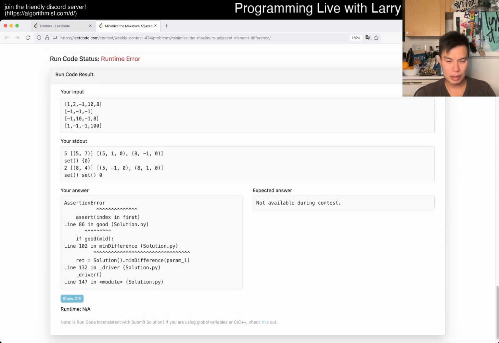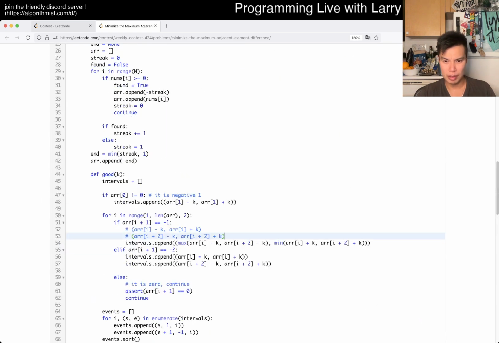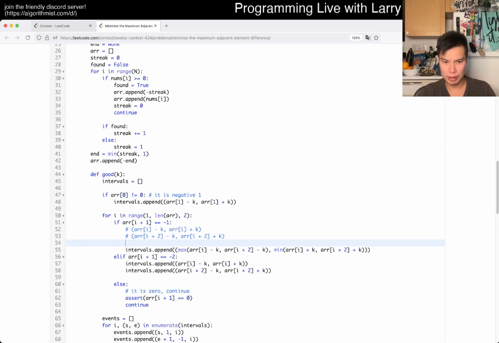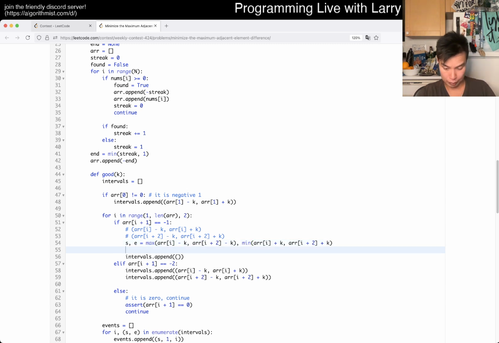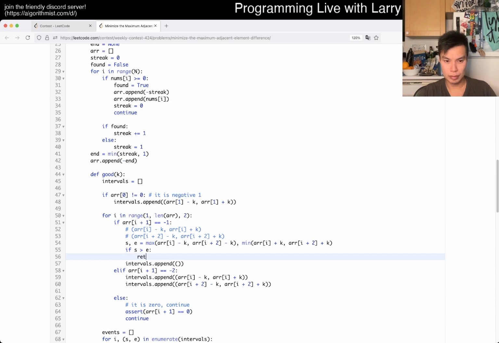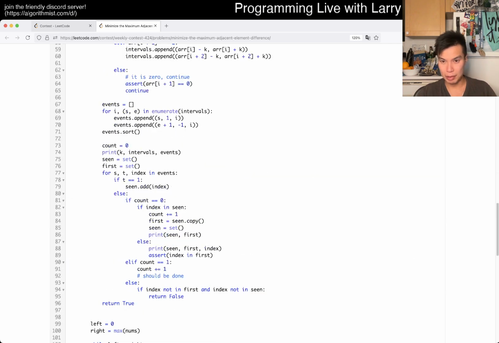Eight, 4 is a very weird interval. So that means this is wrong, right? So, okay. Something like that. Maybe it's off by 1.